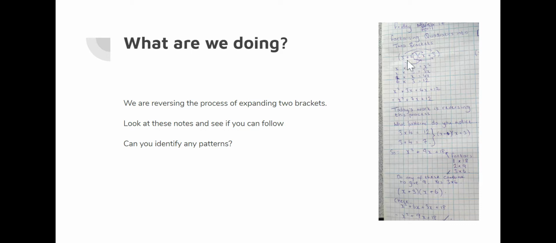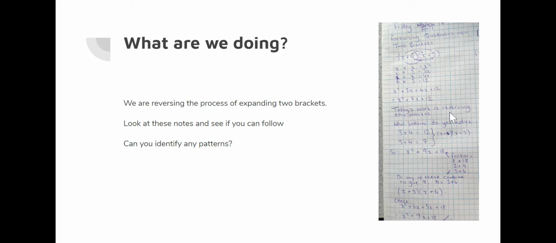First you multiply x by x, which gets you x squared. Second, you multiply x by 3, the outer terms, to get 3x. Then you multiply the two inner terms, 4 by x, to get 4x. And then you multiply 4 by 3, which gives you 12. You write all of this out in one line, x squared plus 3x plus 4x plus 12, and that gives you x squared plus 7x plus 12.